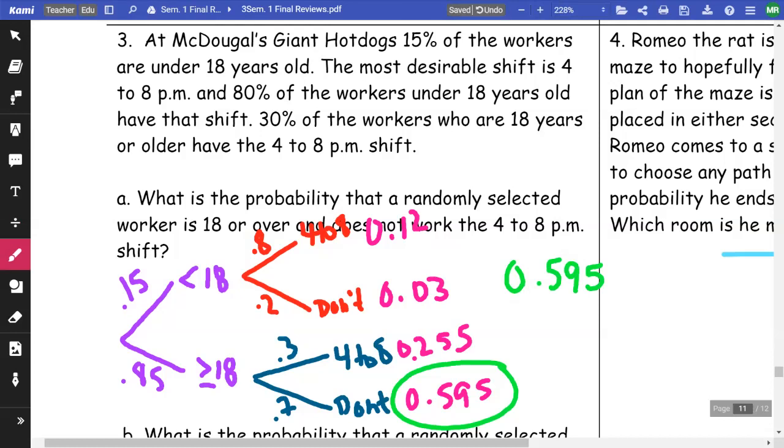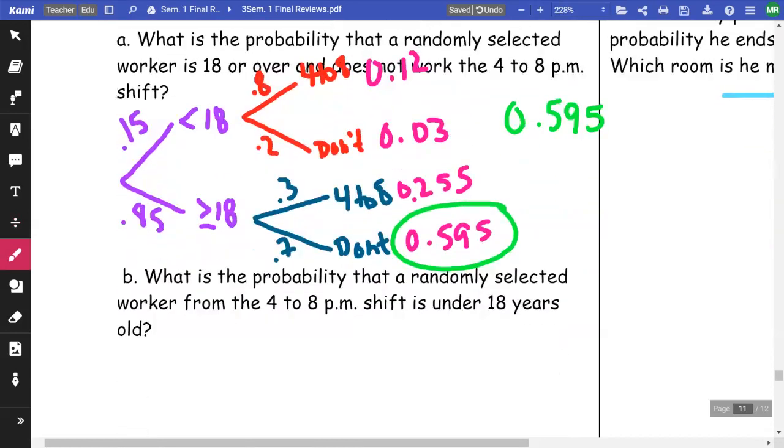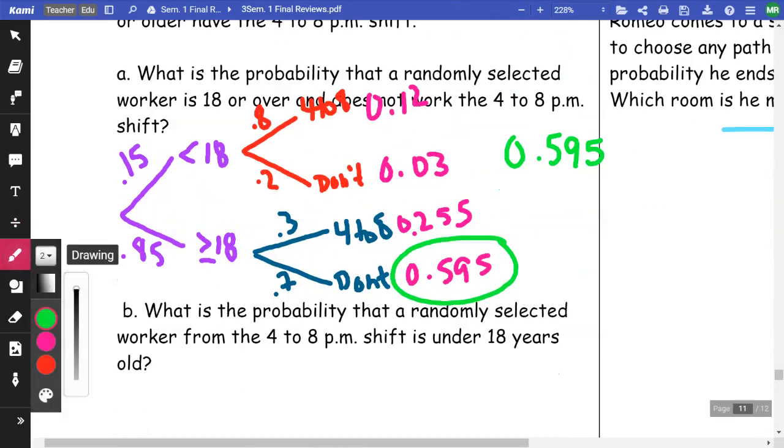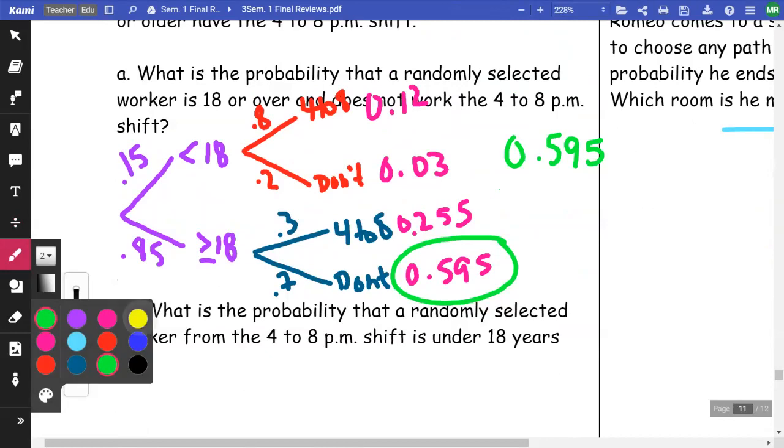Now, the second part of this is asking, what is the probability that a randomly selected worker from the 4 to 8 p.m. shift is under 18 years? So let me just highlight what I know.